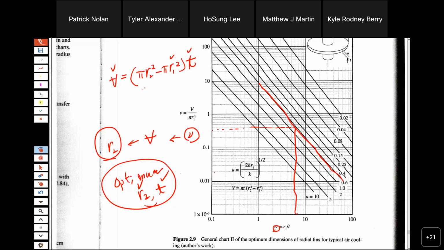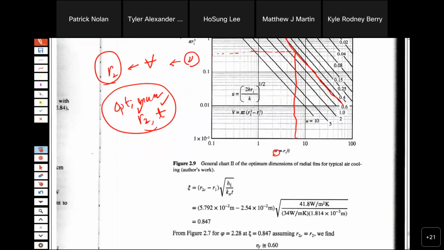And then I can calculate now. Another question. Once I have R2, T, do you think you can calculate efficiency? Yes or no? How? Just tell me how. Well, you would find QF and divide it by Q max. No. Anyone?